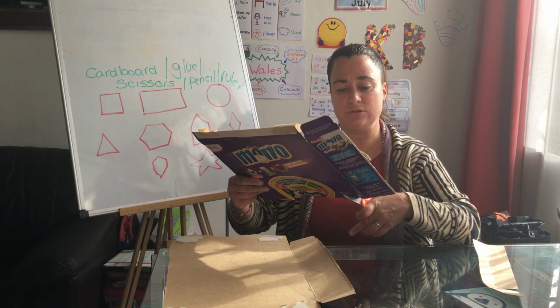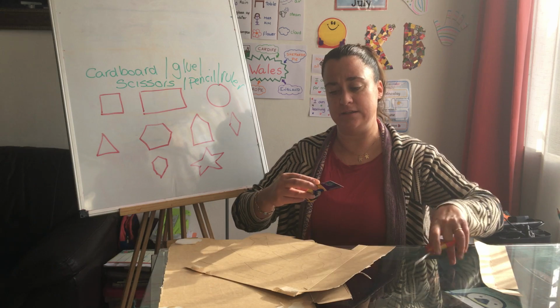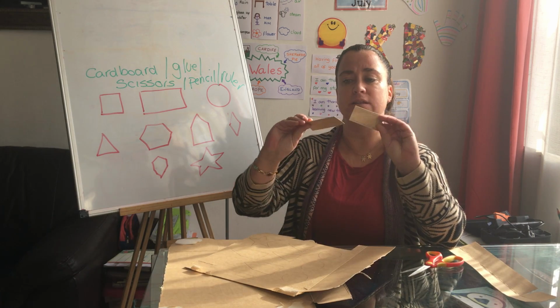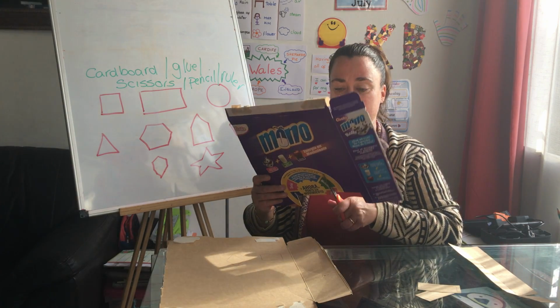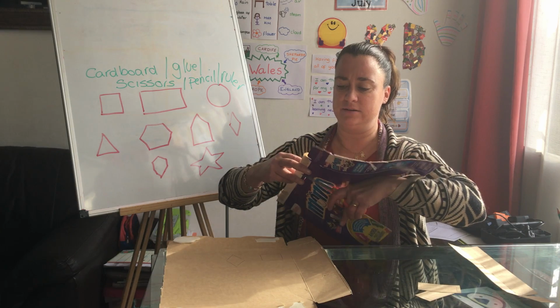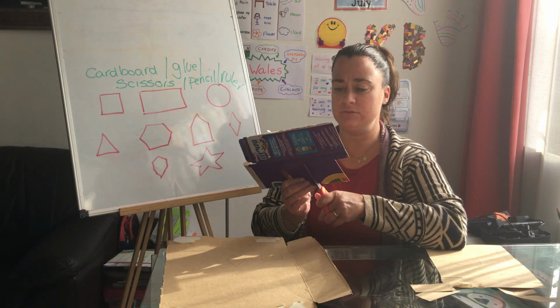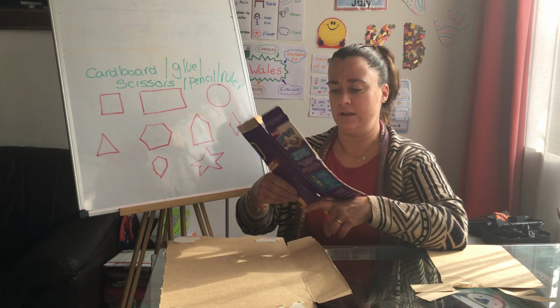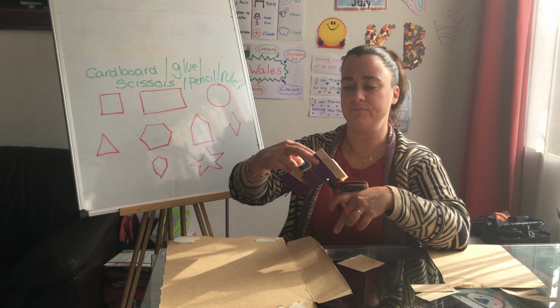As long as we can see what the image is, we can see that these are rectangles, right? And we can understand what they are. As long as we understand what the shape is showing me, that is more than enough, okay? I'm going to cut my circles out now.